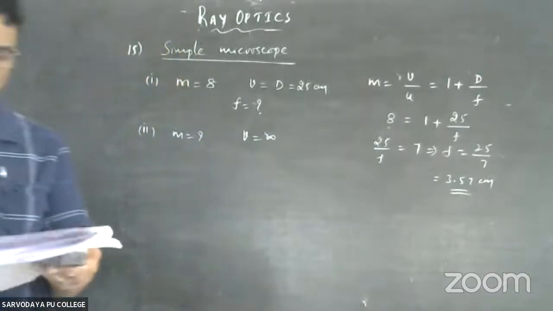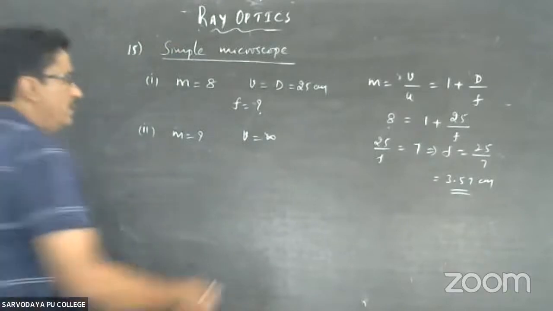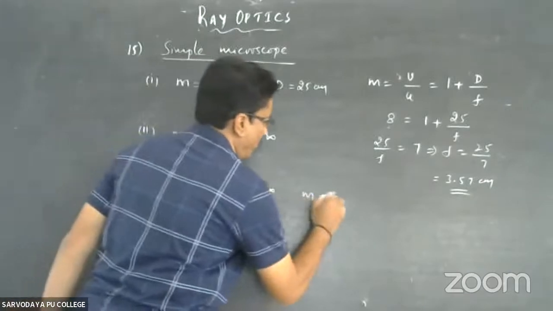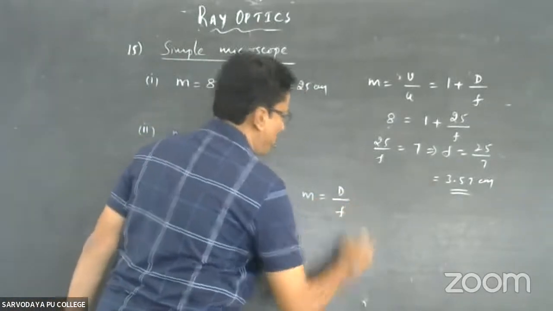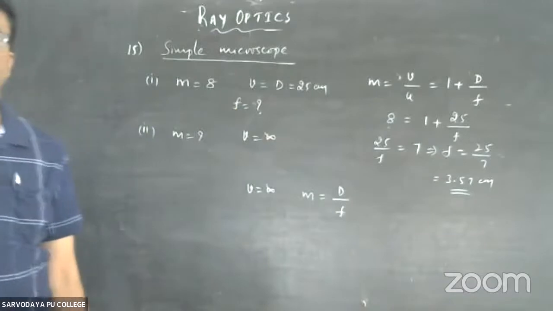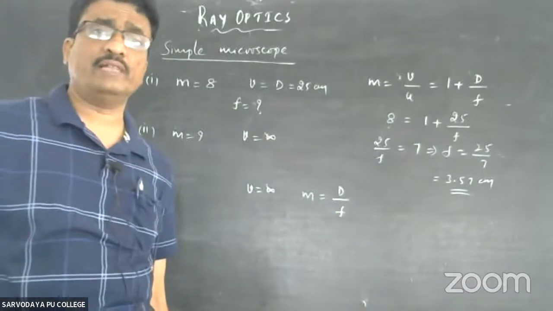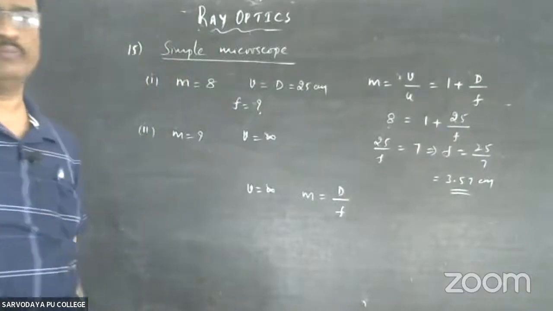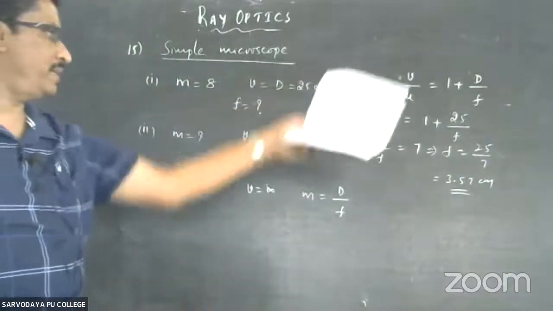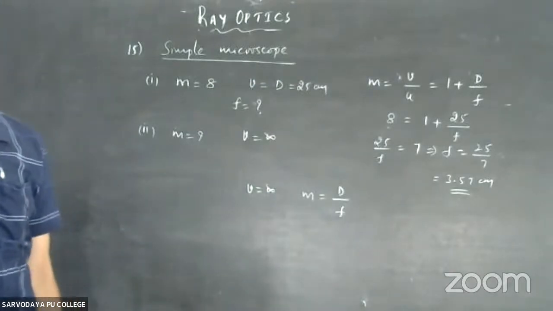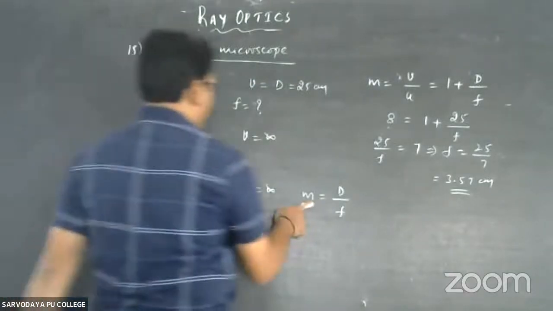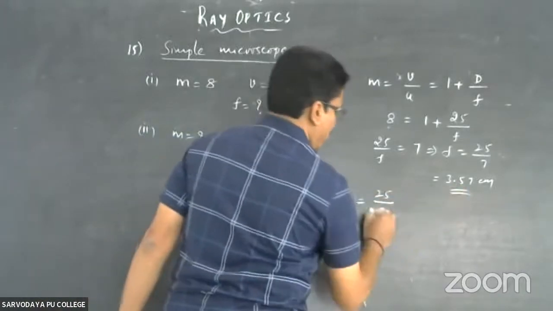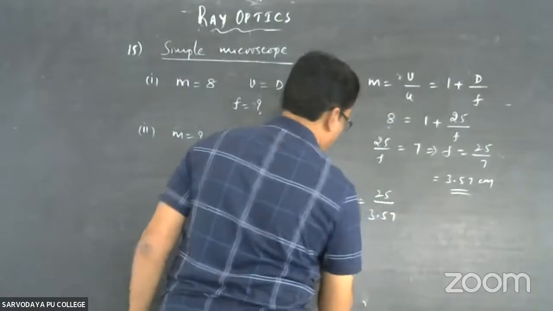This is the first part of the problem. But in the second case, for v equal to infinity, the formula for magnification becomes simply D by f. That means magnification in this position will be 1 less compared to the previous one. 1 plus D by f is there, but here only D by f. D value is 25, f value is 3.57.